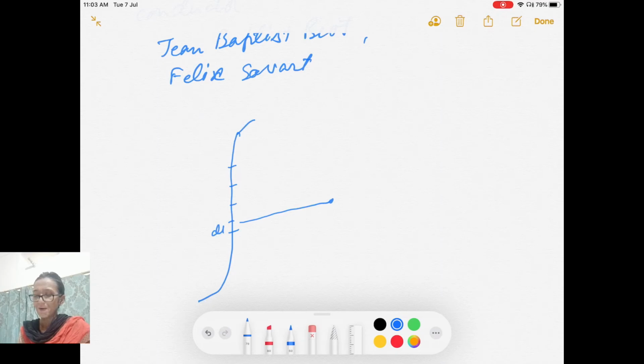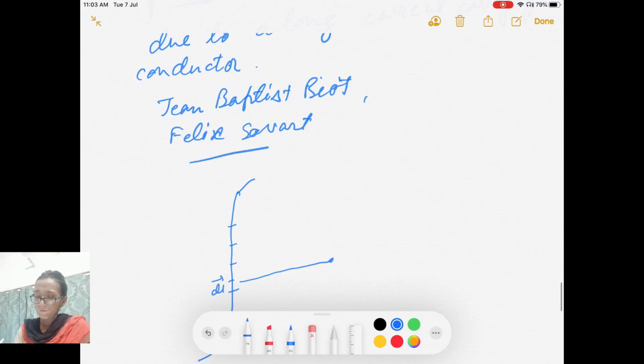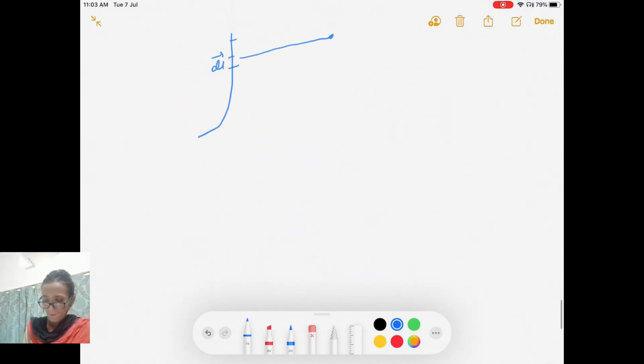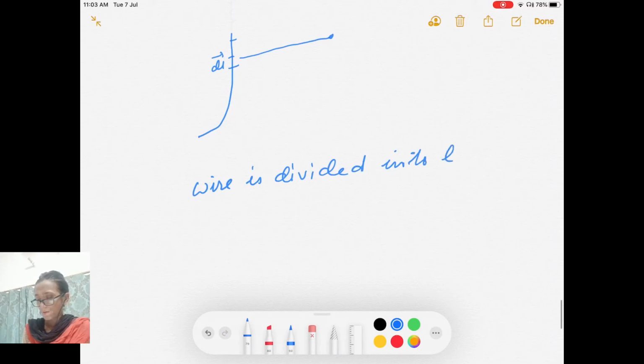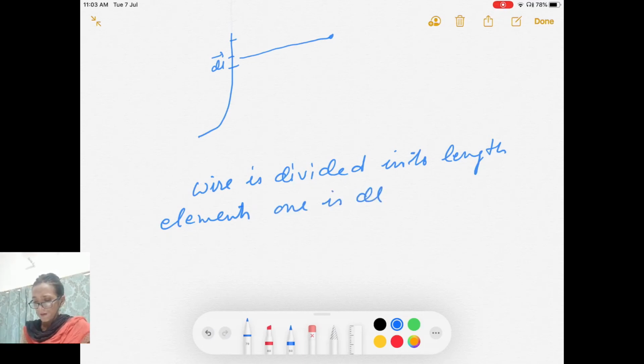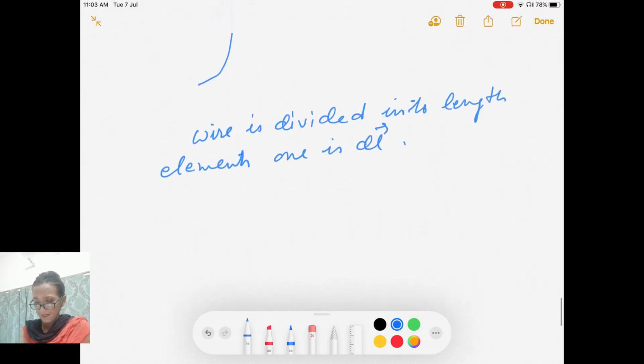This dl, length element, is a vector quantity.